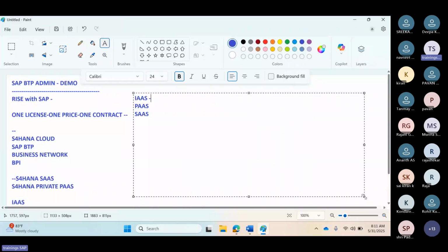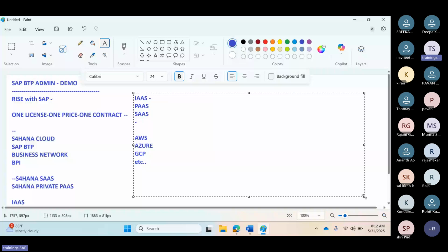It gives you freedom to build and manage your own digital space without worrying about the physical hardware. Infrastructure providers like AWS, Azure, GCP, and other cloud providers provide the infrastructure to us.